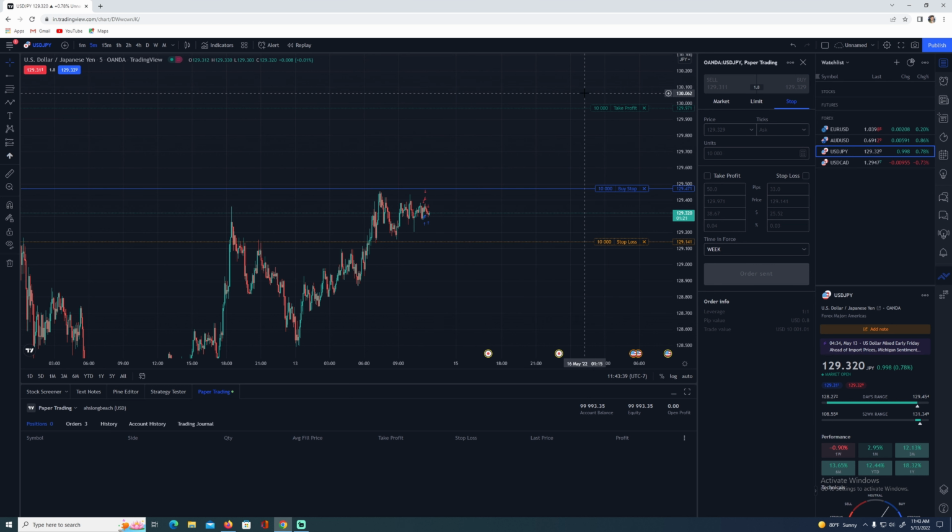That's the expectation. It never comes below my stop loss, because if it goes to my stop loss, then I'll be down $25. But if it goes and hits my take profit, I'll be up $38. Okay, so those are the three orders. Those are the three ways to place orders in the market.